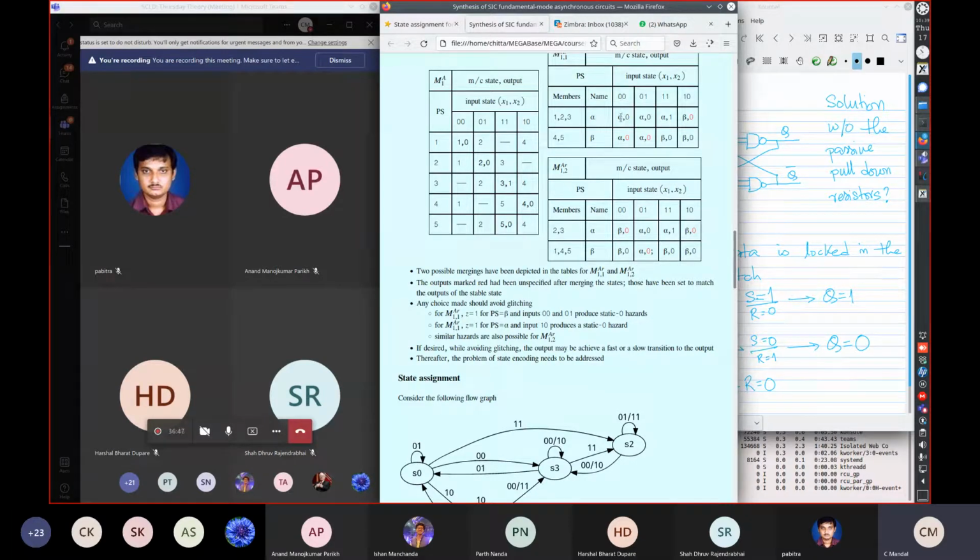Now, as the input changes from 0, 0 to 1, 0, you are making a transition to beta. Now, this output is undefined. So just see what is happening.